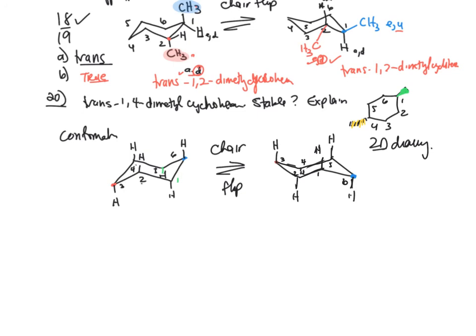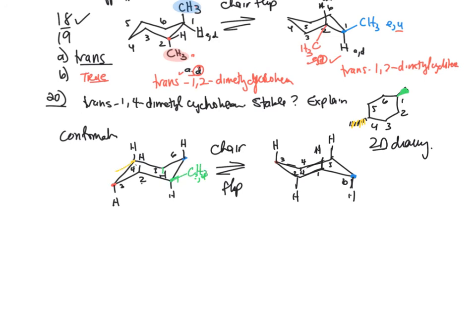All right, so the green, we want to make that equatorial up. And then over here, the yellow would be 1, 2, 3, 4, and, oh, sorry, you don't do the dashes and the wedges on this, so this would just be like that.